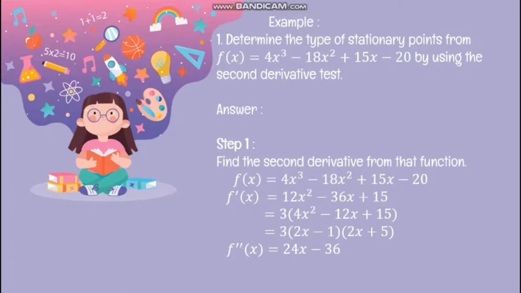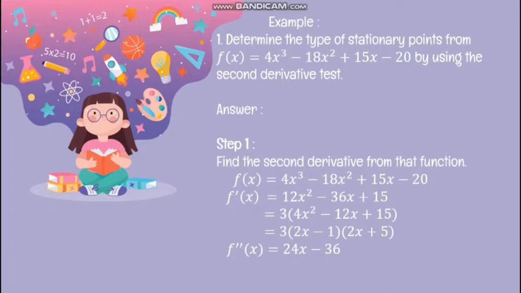f(x) equal to 4x cubed minus 18x squared plus 15x minus 20. First derivative f'(x) equal to 12x squared minus 36x plus 15.